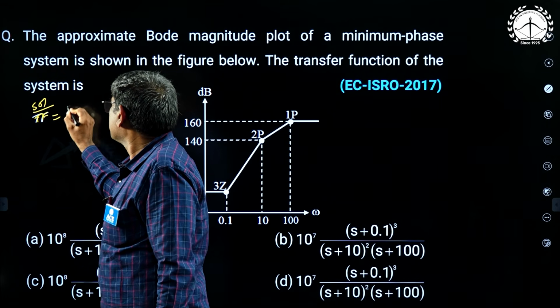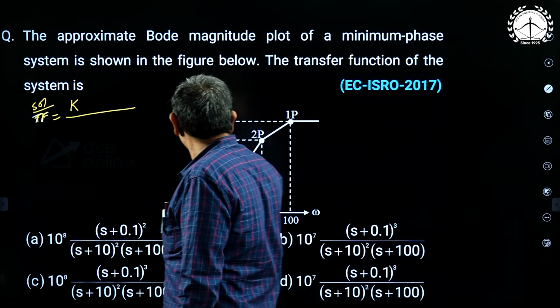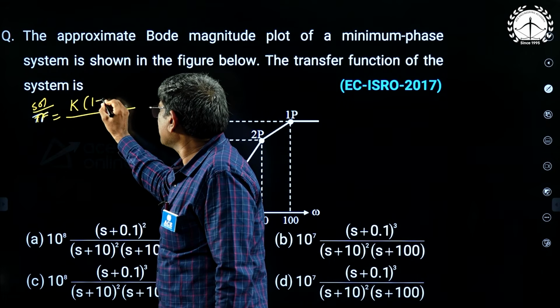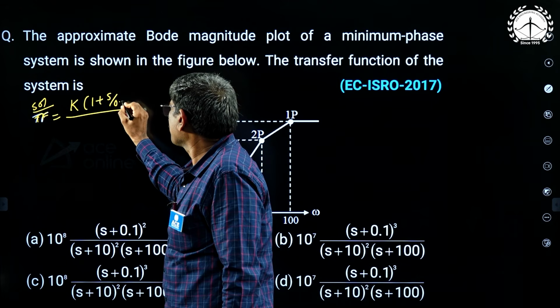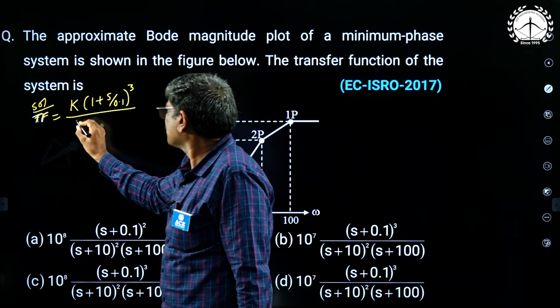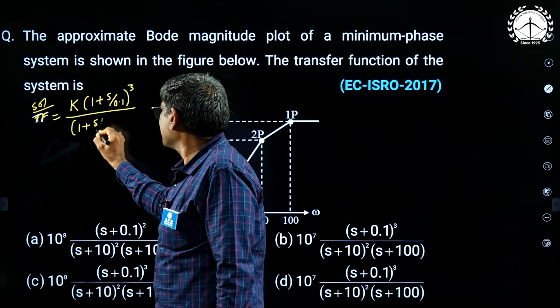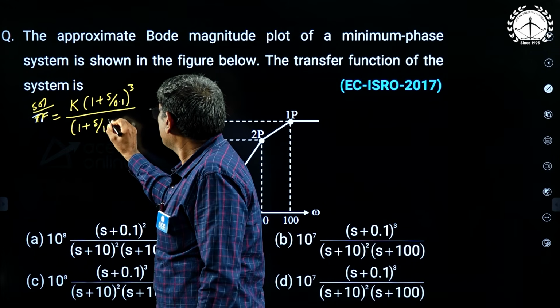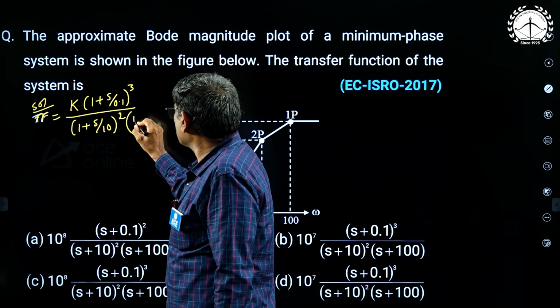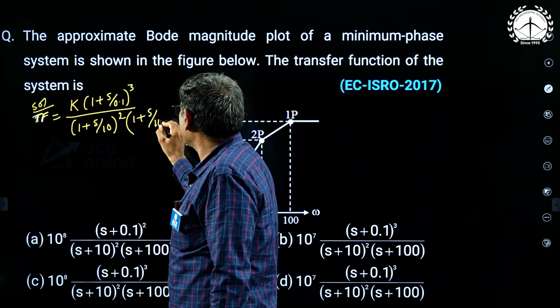You write some k into, here 3 zeros, which means 1 plus s by 0.1 whole power 3. Here 2 poles means 1 plus s by 10 whole square. Here 1 pole means 1 plus s by 100.